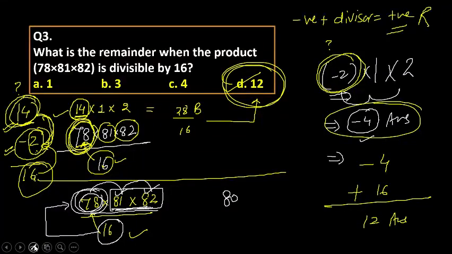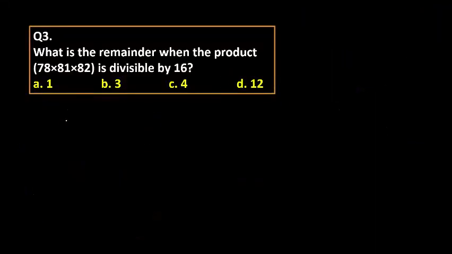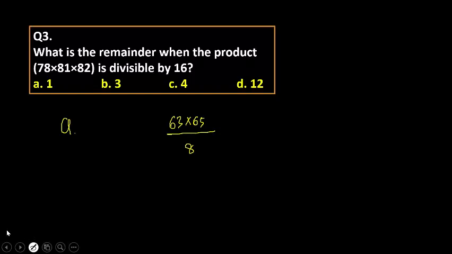Let's say if I ask you one question, like if the numbers are 63 and 65 and I have to divide by 8, what will be the remainder? So what should be my best approach? Are you able to connect with this rule? We know that 64 is a multiple of 8.